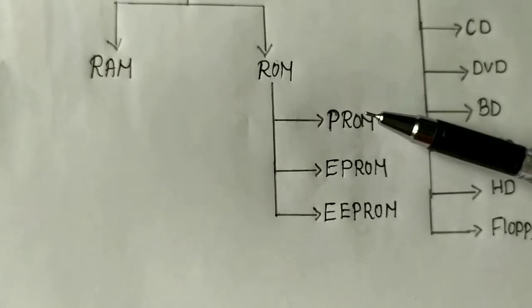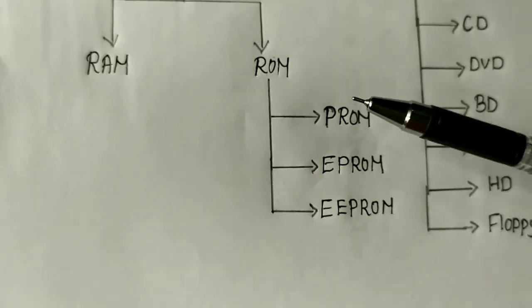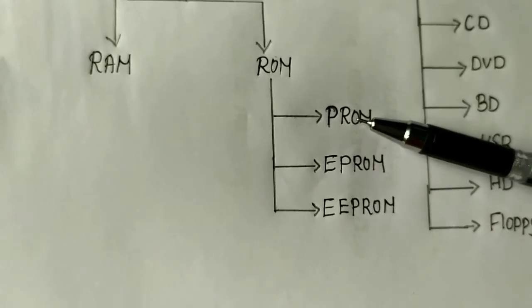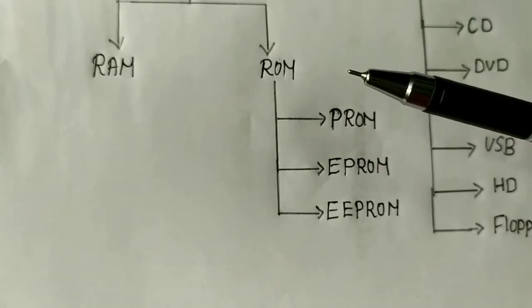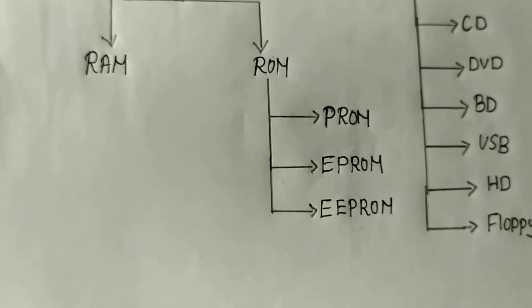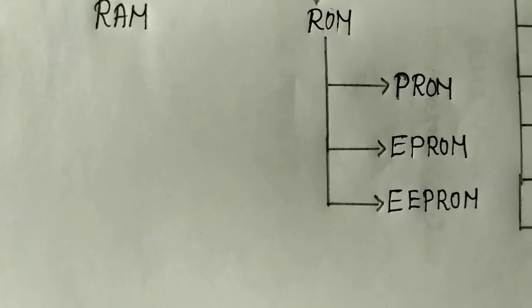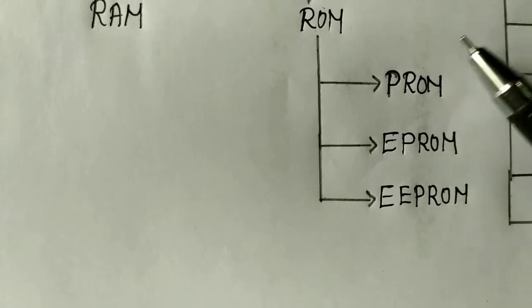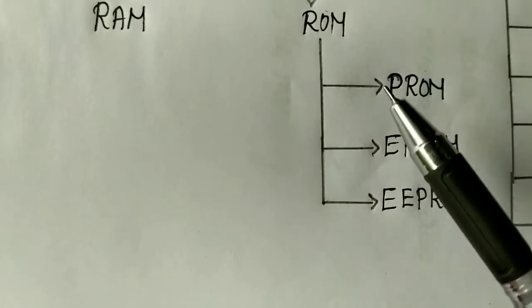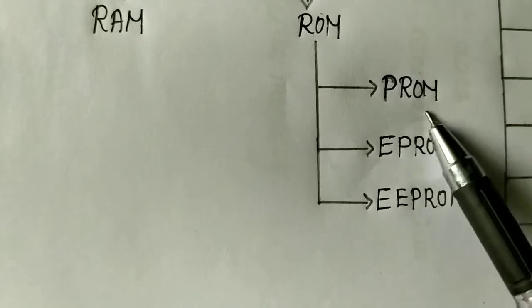In this type of ROM, the contents of the memory can be written or programmed only once. That is, the programmers can write the data in this ROM only once.